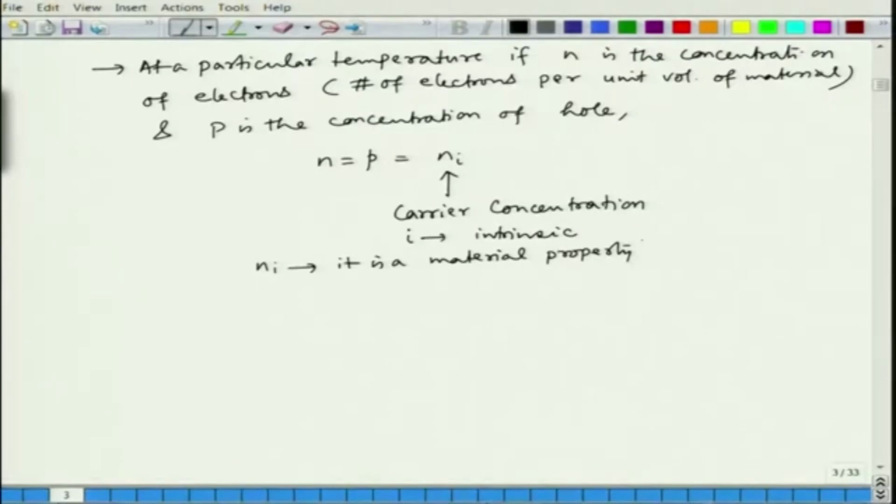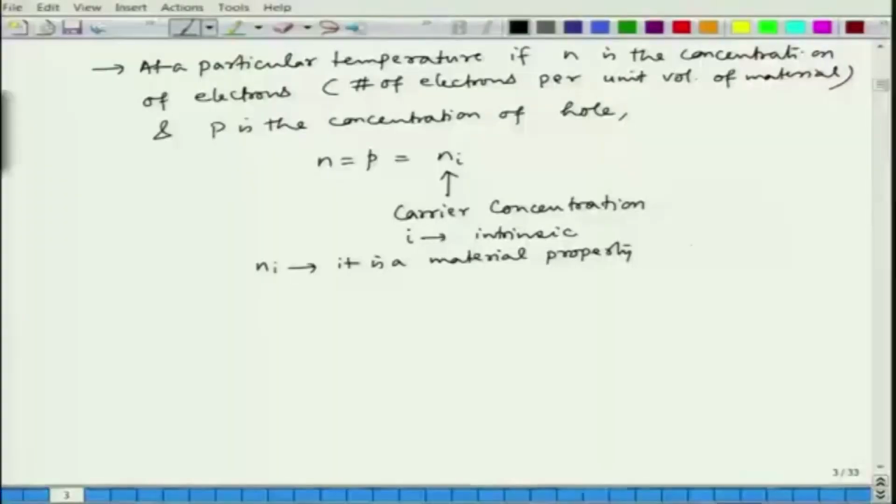What does it mean? You take silicon from Chile or silicon from Russia or silicon from Bangladesh, they will all have this particular value of intrinsic carrier concentration given a fixed temperature. It does not change with anything, it is a material property.